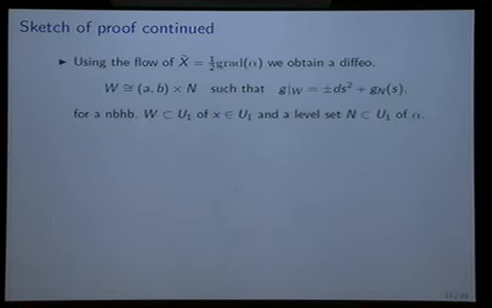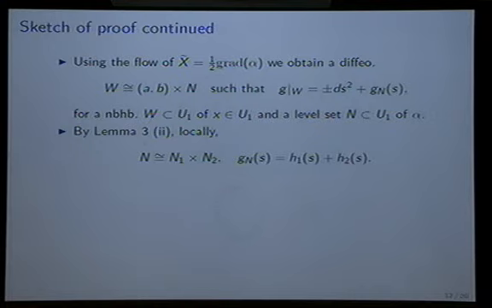Okay, so using the flow of this gradient vector field X tilde, we can write our manifold locally as a product AB cross N, where N is a level set of the function alpha. And the metric will be of this form, orthogonal splitting, plus or minus ds square plus metric gN on N, but this metric will depend on s at the moment. And so then we can split N as a product, N1 and N2, according to the splitting into two parallel subbundles of TM.